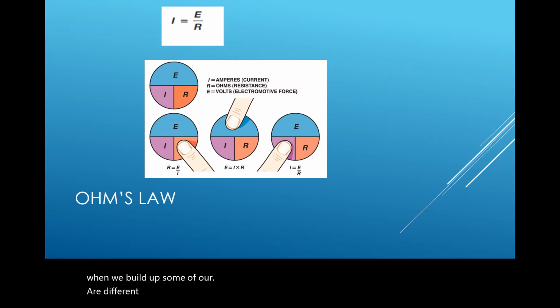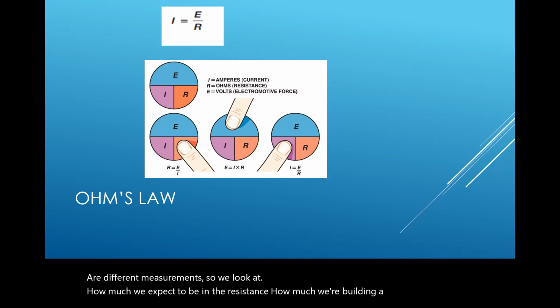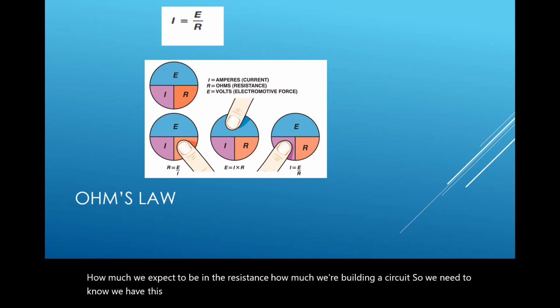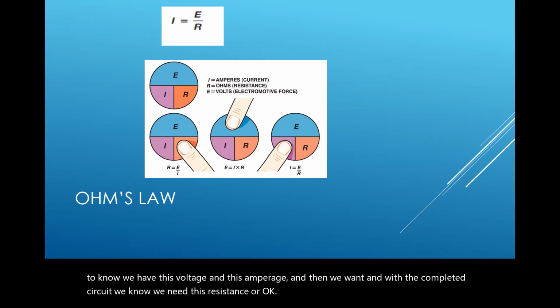So we look at how much resistance we expect to have when building a circuit. We know we have this voltage and this amperage, and with the completed circuit, we know we need this resistance.